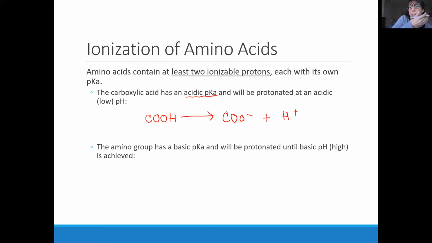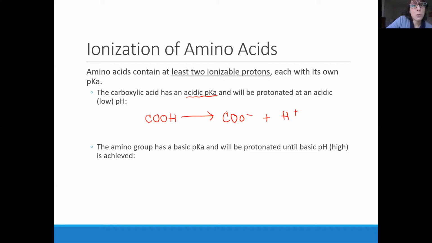Remember that a low pKa, an acidic pKa, means that this acid is good at being an acid. It dissociates very well. So that means that COOH, carboxylic acid, dissociates really well. It even has acid in its name, right?